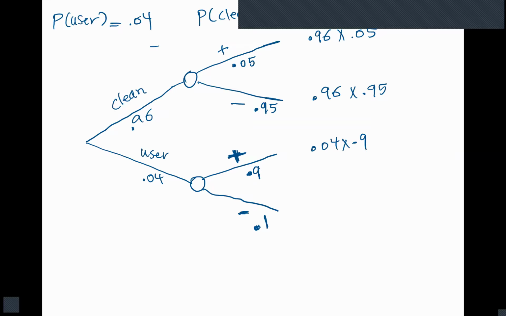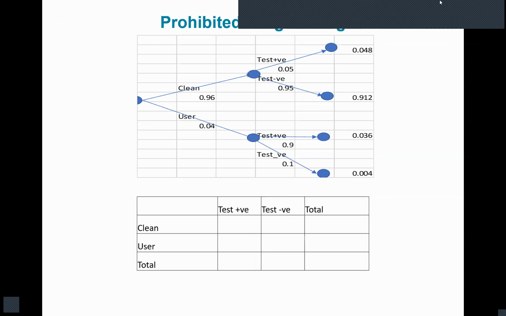We already have this information summarized here, and using that, we can go ahead and fill out our joint probability table. As always, start with your 1, then go through each of the branches and fill out the table.